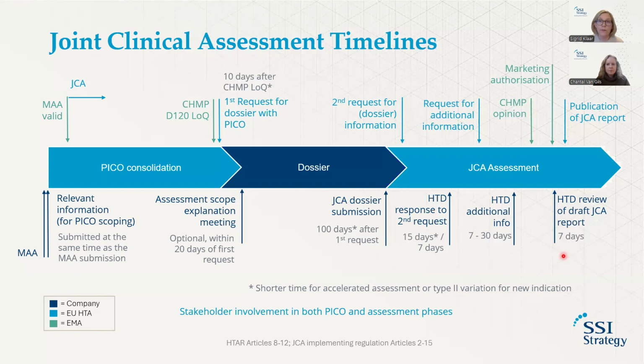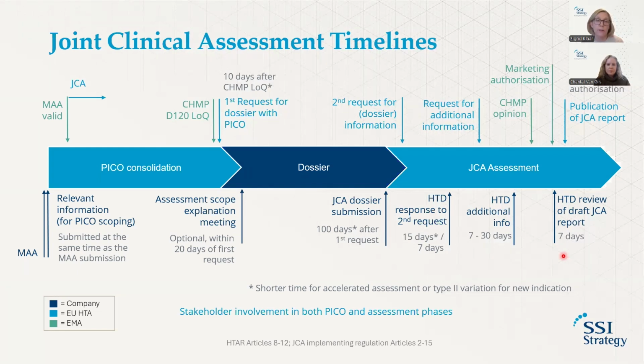And this review is not to challenge the results or argue your case or anything like that. It's only a check for factual correctness, and also for any commercially sensitive information that should be redacted before it's published. And then finally, when the updated report is endorsed, it will be published, and that's the end of the procedure.